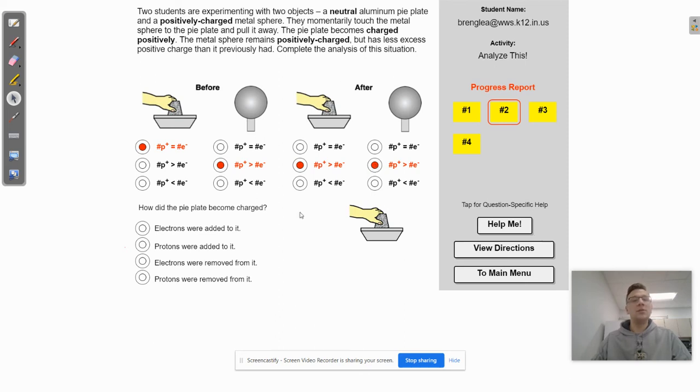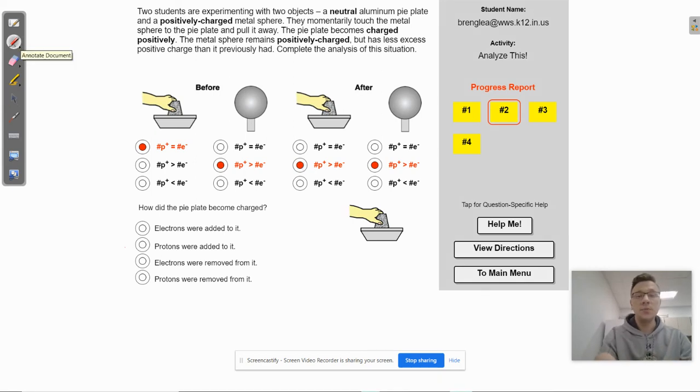So now we need to decide, how did the pie plate become charged? It started neutral, and now it has more protons than electrons. Remember, the only way for this to happen is for electrons to move. So when these 2 objects touched, there was a transfer of electrons from the pie plate to the sphere.